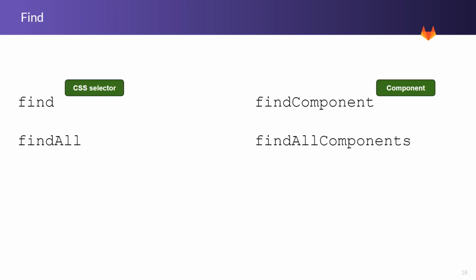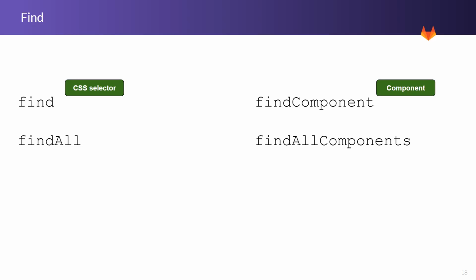So the last but not least, the big separation between find and findComponent in the Vue test-utils. Basically, find accepts a CSS selector and always returns a DOM node. Same for findAll, and its counterparts, which accept a component class, findComponent and findAllComponents.